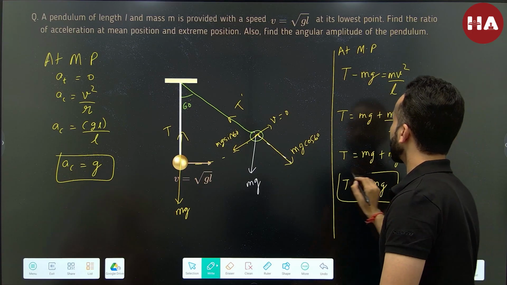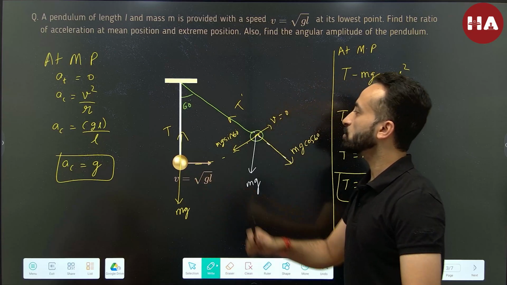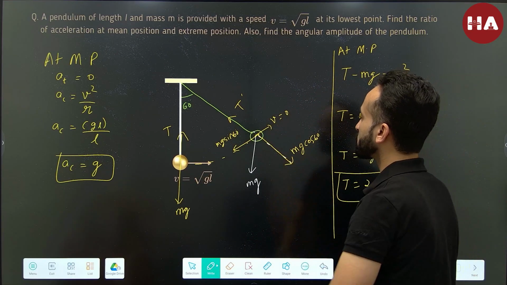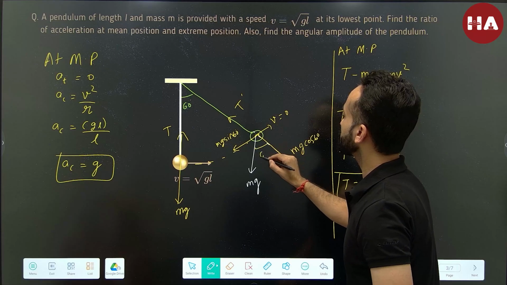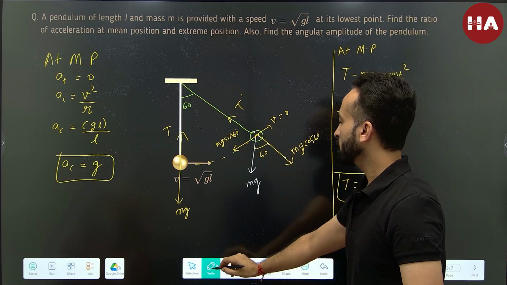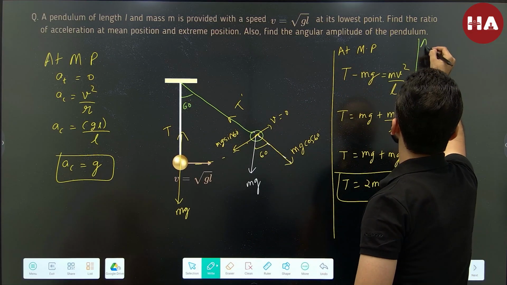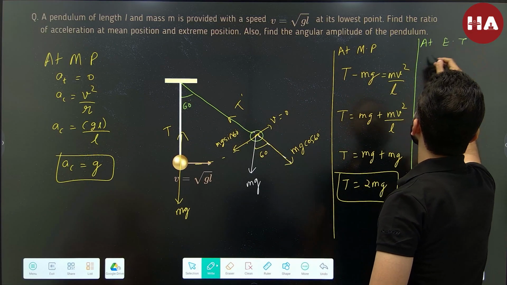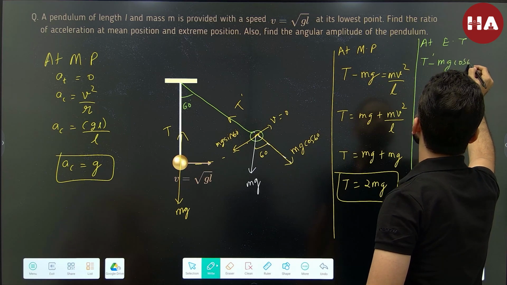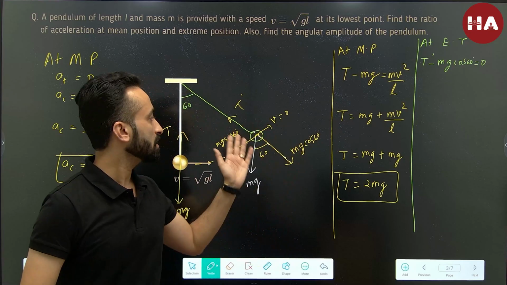So I've calculated the value of T and the centripetal acceleration at the mean position. What about the extreme position? This angle is 60 degrees. This is mg cos 60. This is T dash. Can you write one thing very quickly, that at extreme position T dash minus mg cos 60 is equal to 0.